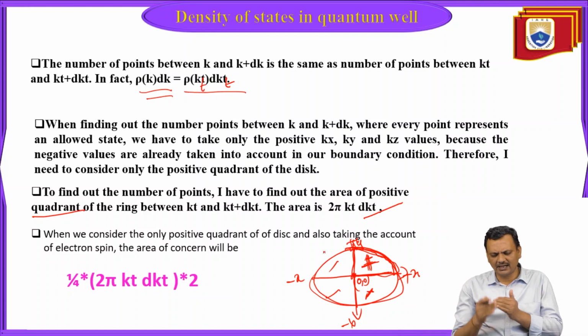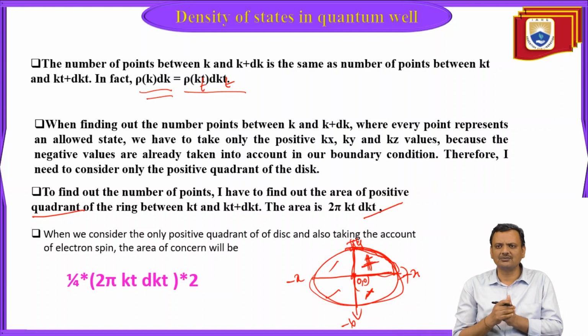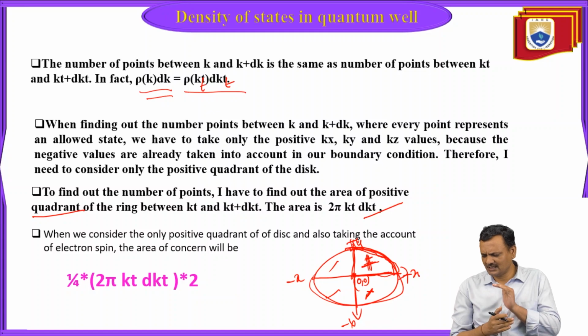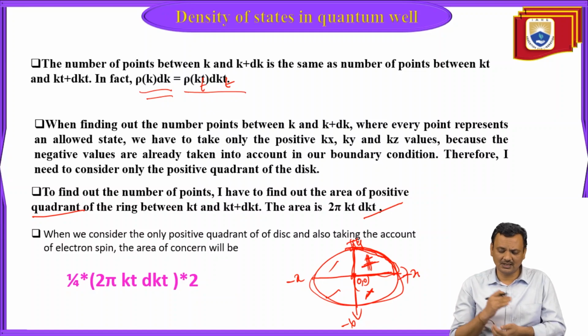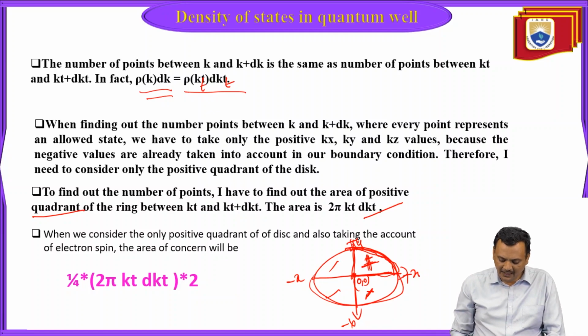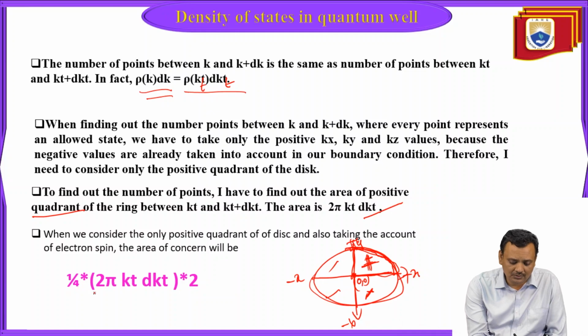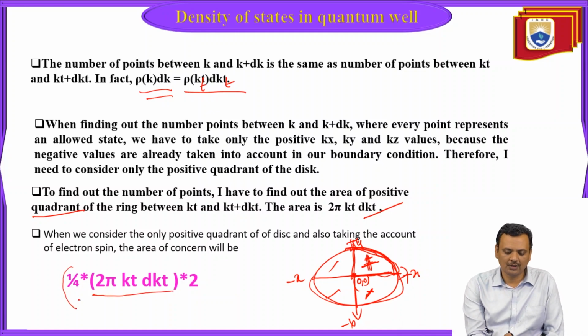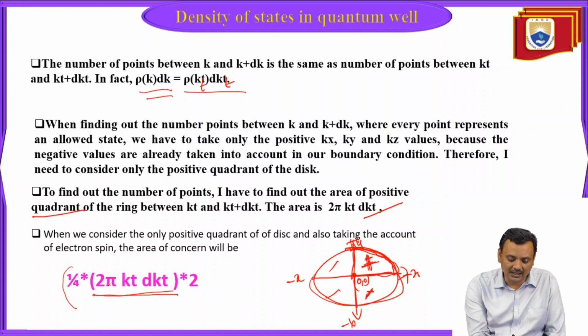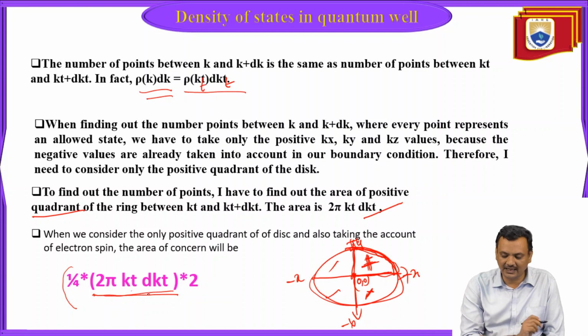So for computing the density of state, we always take into consideration the positive values of k. So for getting the positive value of k, you have to take 1/4 of whatever the available area is, and that available area is 2 pi kt dkt.